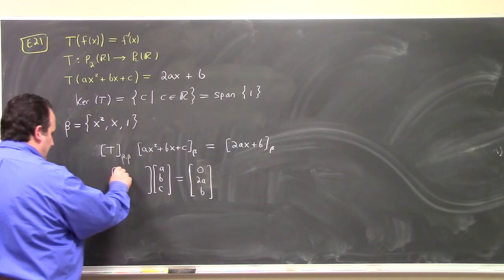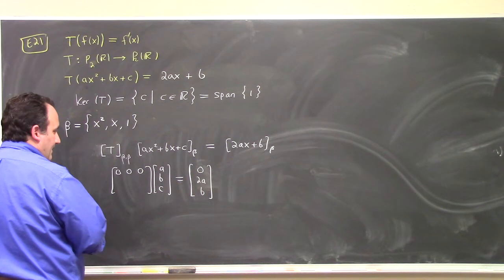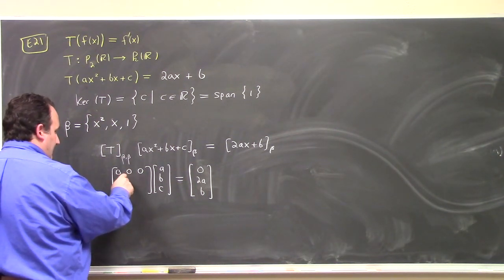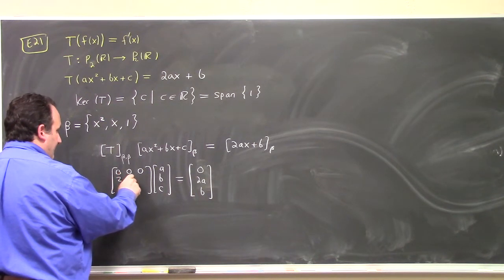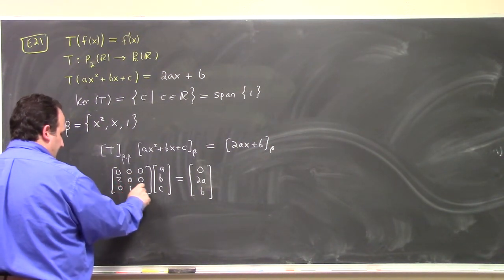Zeros on the top. 2, 0, 0. Sorry, 0, 1, 0.